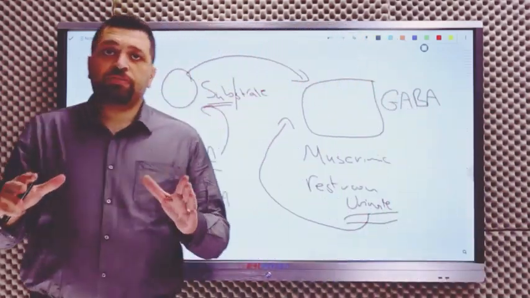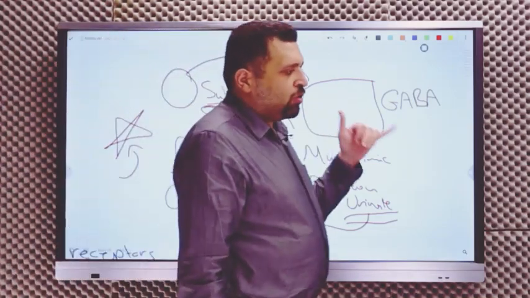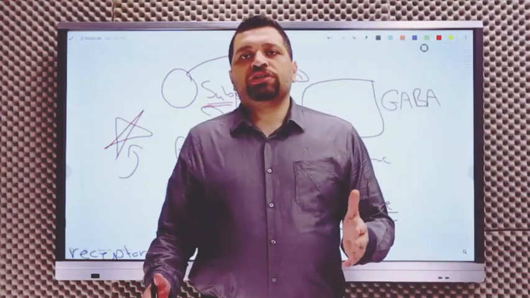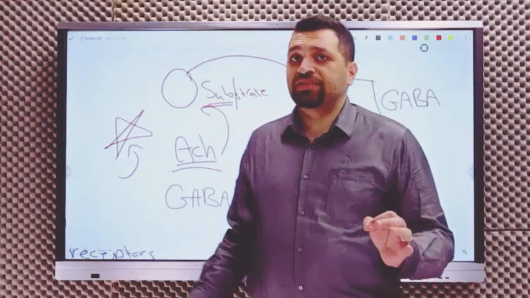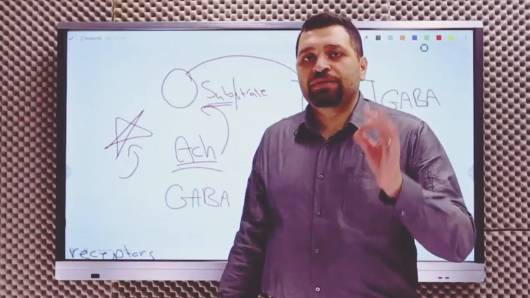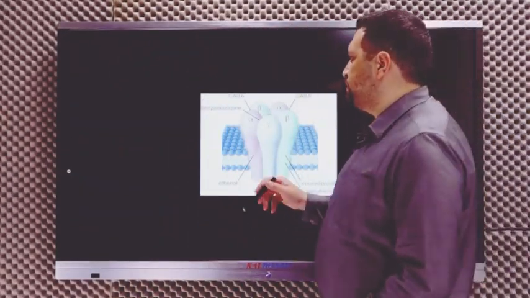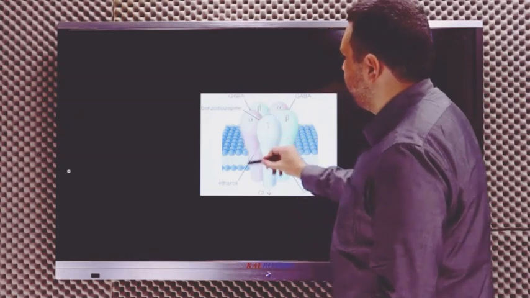So here you have to differentiate between two things. The substance might be called GABA, and the receptor itself might be called GABA. For example, Algeria is the capital of Algeria. Both the country and the city have the same name. So here is the GABA receptor, not the GABA substance. Here is the GABA substrate, but here is the GABA receptor.